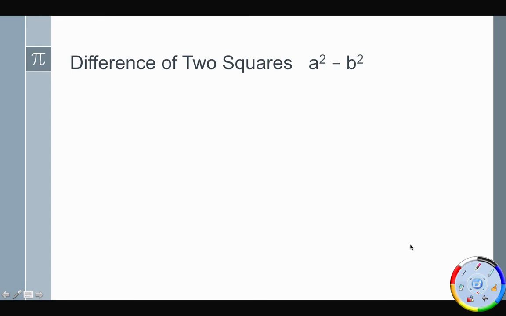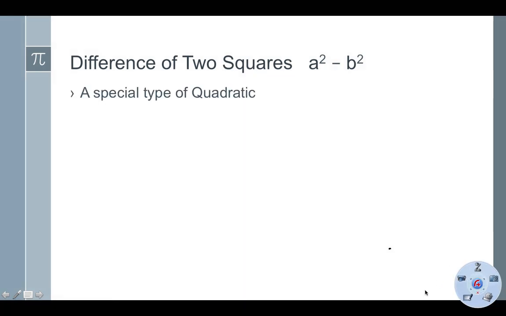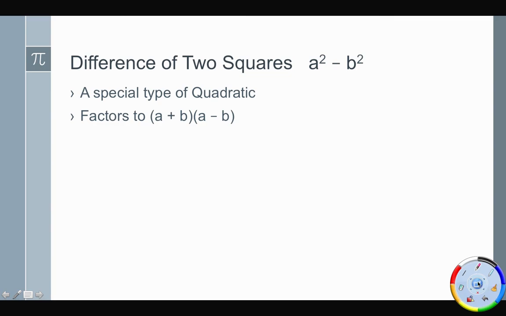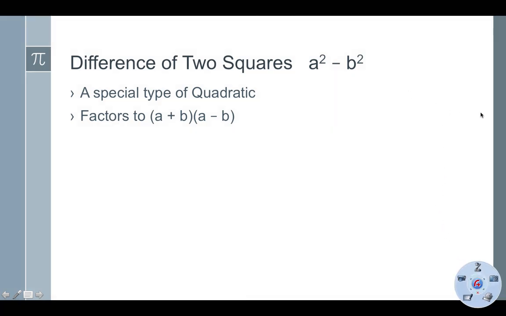Last thing here is the difference of two squares. It's a very special type of quadratic, and it factors to a plus b times a minus b. So it's always good to know what your square numbers are. Square numbers are things like 1 and 4 and 9 and 16.